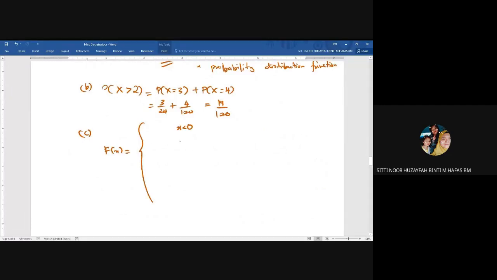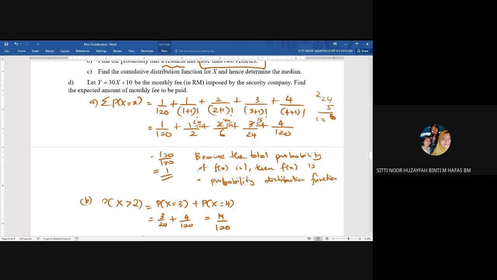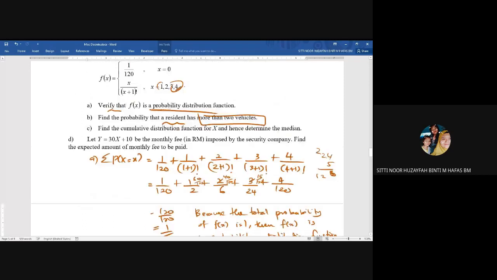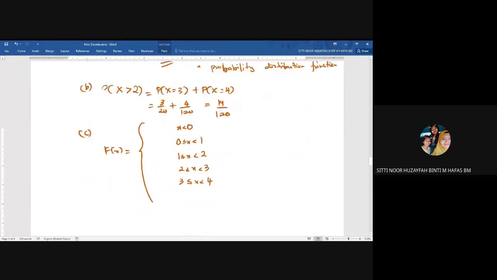And then the next interval should be including 0 up to 1, because we have 1 after 0, and then from 1 up to 2, from 2 up to 3, from 3 up to 4, and lastly it should be 4, because our highest value here is 4. So for this one, we have to write down for x more than or equal to 4. Now, what is the probability? So it should be starting with 0 and end up with 1.